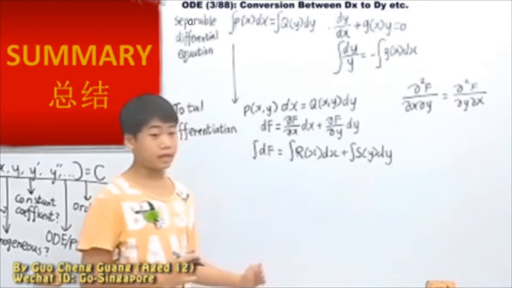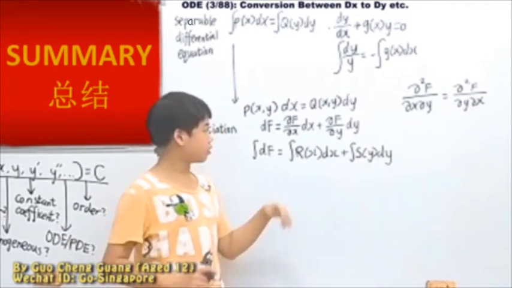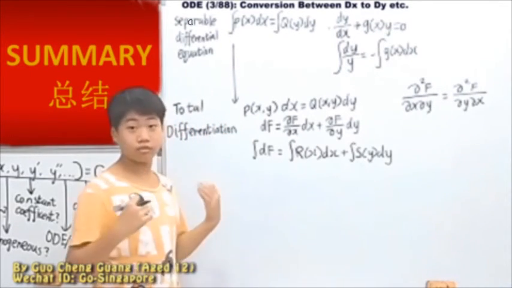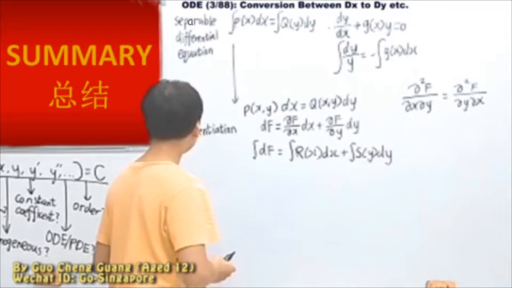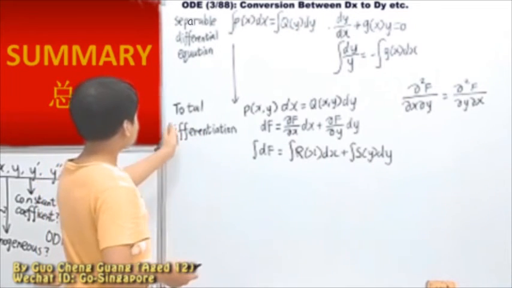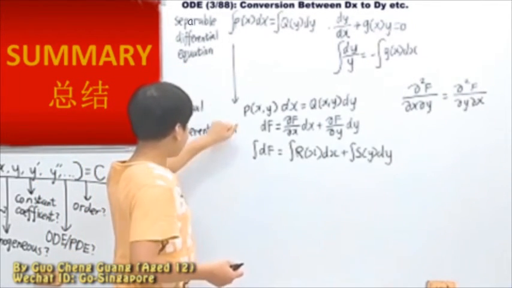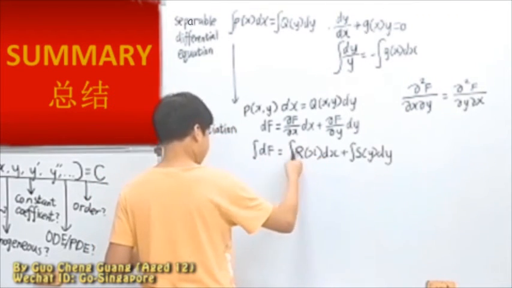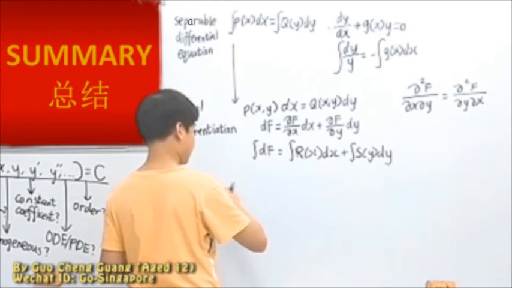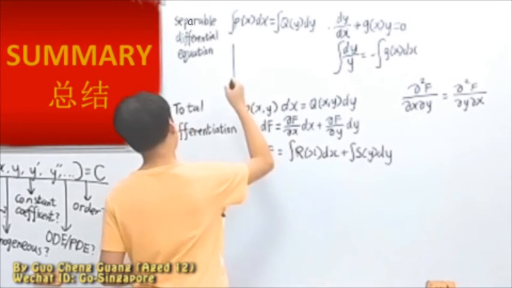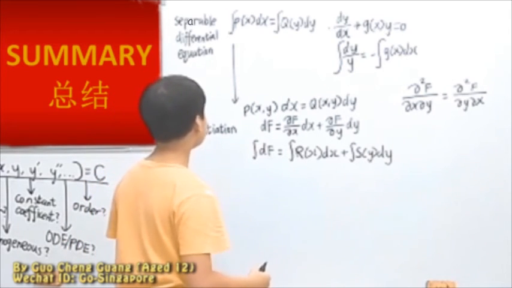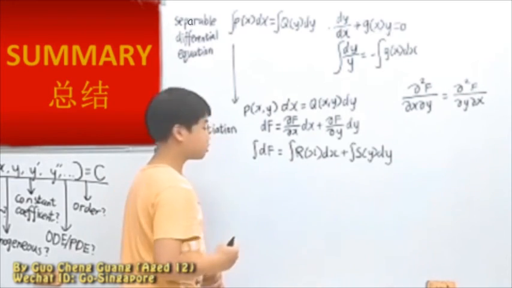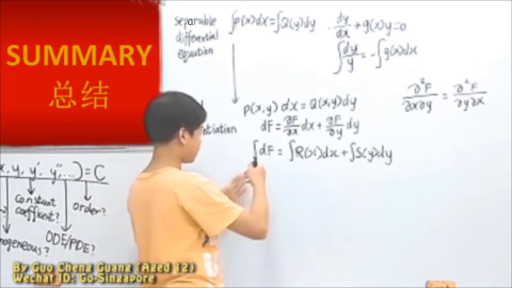These forms might be just a function of x or just a function of y, so it's just simple integration. So far, these two differ in that this is total differentiation, where you cannot separate x and y apart, but for a separable differential equation, you can separate x and y. But from this total differentiation, you still must get this part.